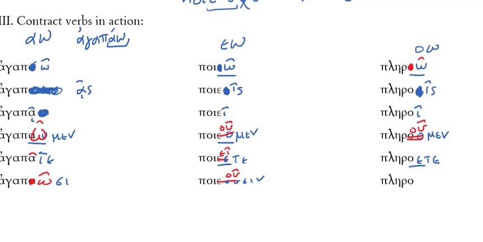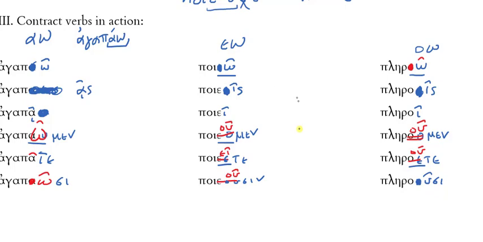Ah, yes, that becomes ou, doesn't it? So plerute, y'all fill, and then finally plero plus ousi. What's going to happen here? This is where the vowel meets a diphthong that starts with the same vowel. We simplify, right? So this omicron basically disappears, and the omicron upsilon are a long diphthong. Plerousi. They fill.